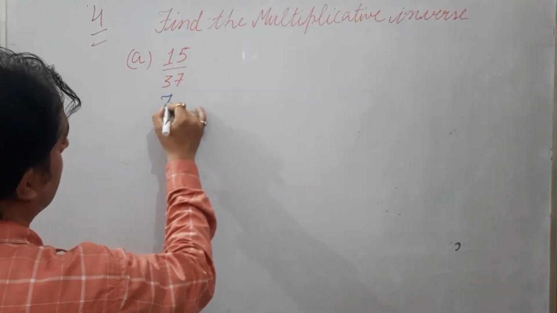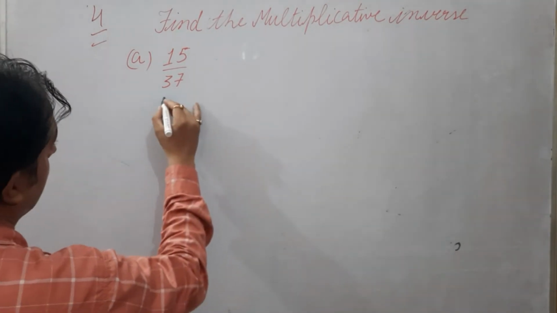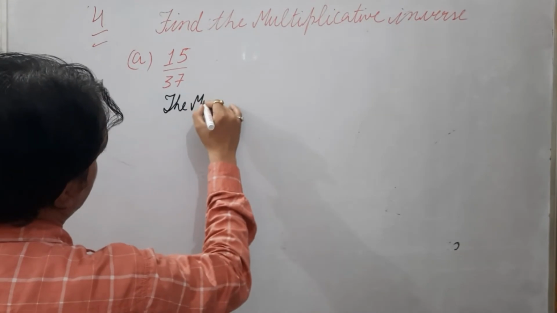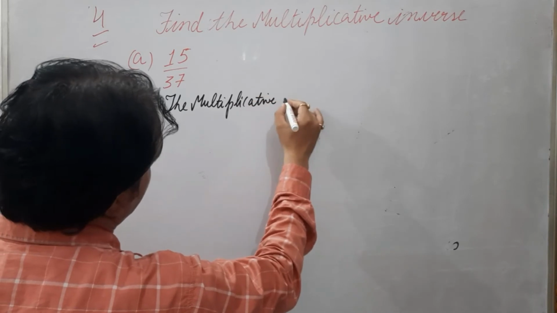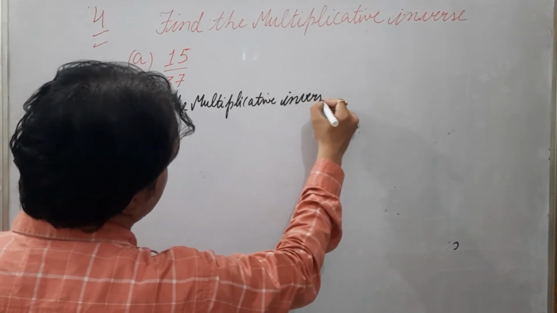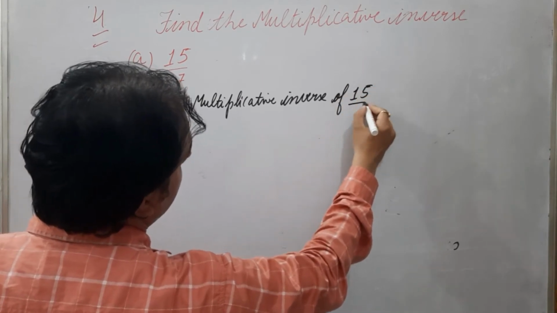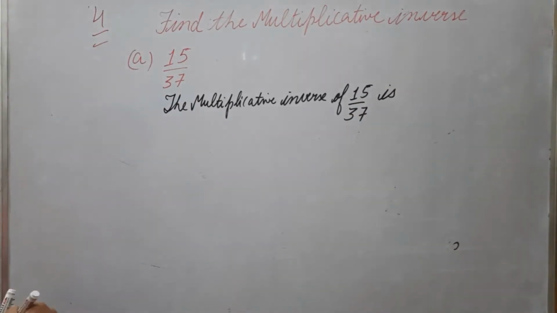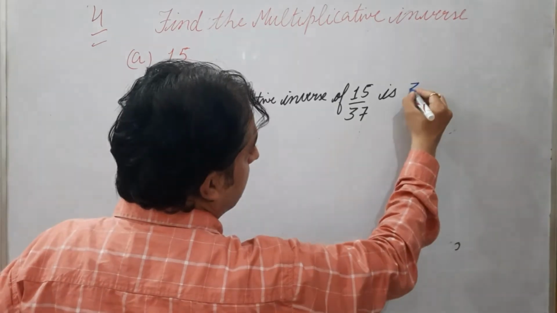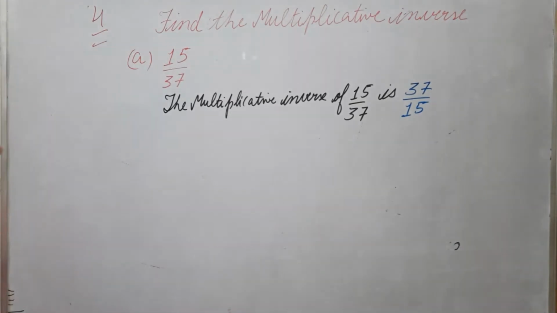So the multiplicative inverse of 15 by 37 is, to interchange, 37 upon 15. So it is the multiplicative inverse.